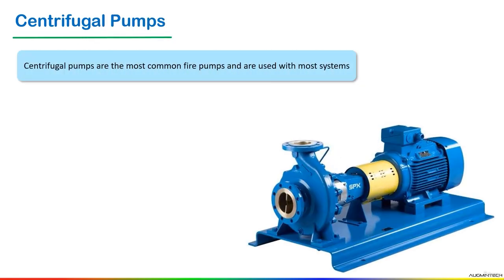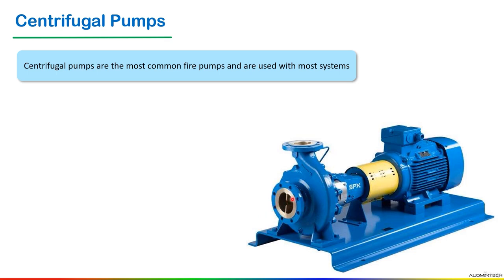In that it is written that centrifugal pumps are the most common fire pumps and are used with most systems. With centrifugal pumps, pressure is developed principally by the action of centrifugal force, or spinning. When you see this figure, water in this centrifugal pump enters the suction inlet.